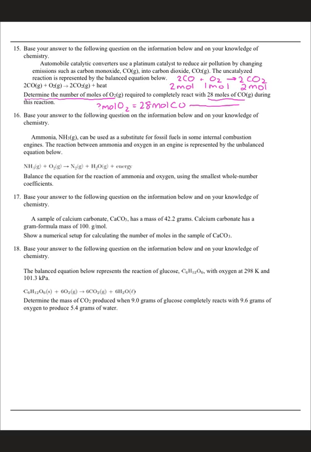I'm going to use the molar ratios as my conversion factor. Moles of CO go on the bottom so I can cancel. And on top, I'm going to put the moles of O2, which is what I need. Looking at the balanced equation, I see I have 2 moles of CO for every 1 mole of O2. And we have 28 divided by 2, which is 14. And don't forget your unit. Your unit is moles. 14 moles of O2. This is your answer.